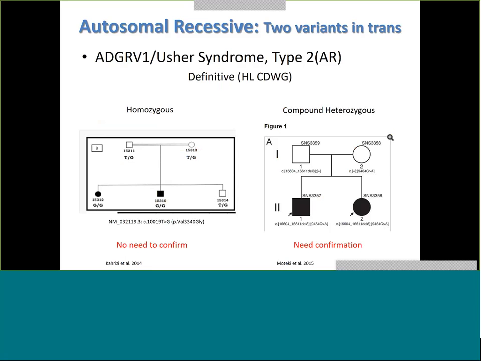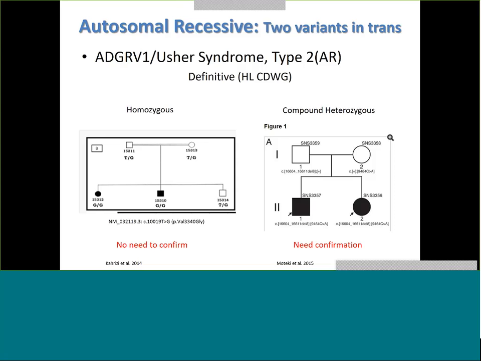At least the discussion we had with the gene curation small working group was that if a proband was homozygous for one variant, you obviously wouldn't need to confirm that it was in trans to give the scoring. But if a proband was a compound het, you would need to see some sort of confirmation that these variants were in trans to give scoring for the variants.